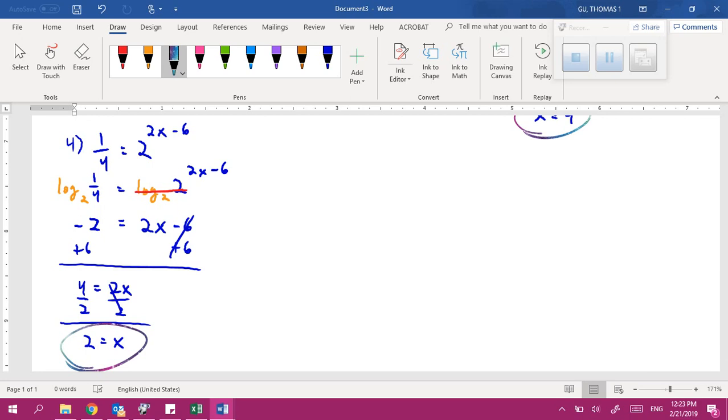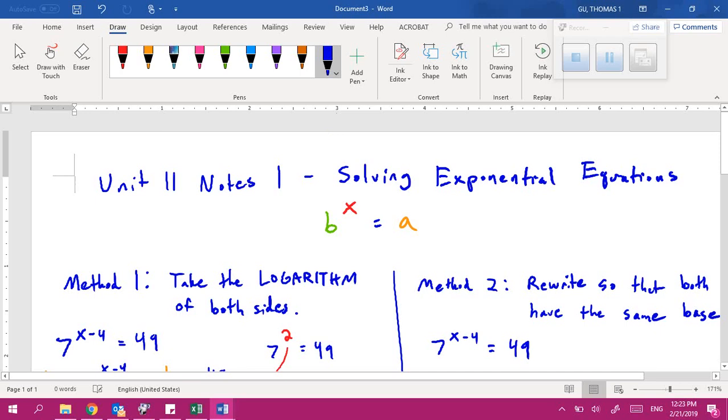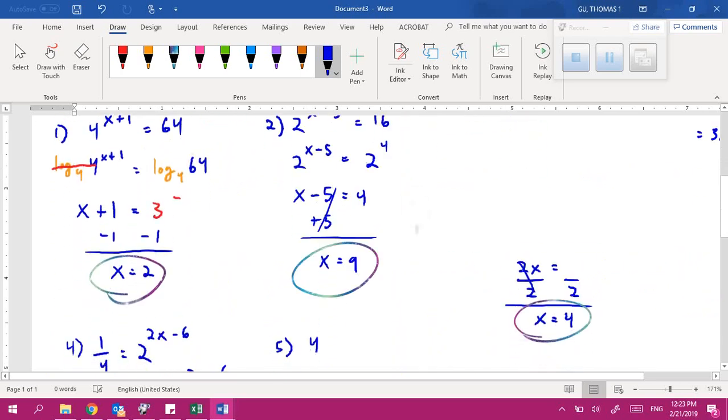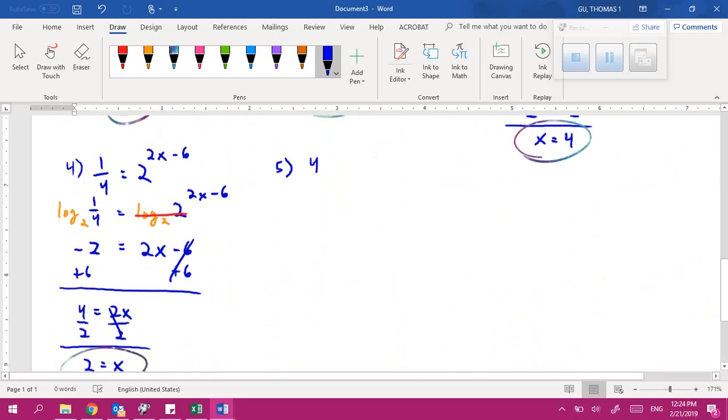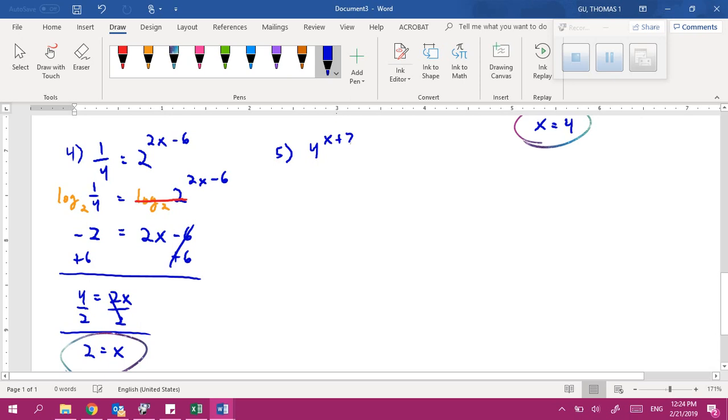All right, so the last 2 examples we're going to look at are a little more complicated, but not that much. So example 5 is going to be 4 to the x plus 7 equals 2 to the x minus 1.